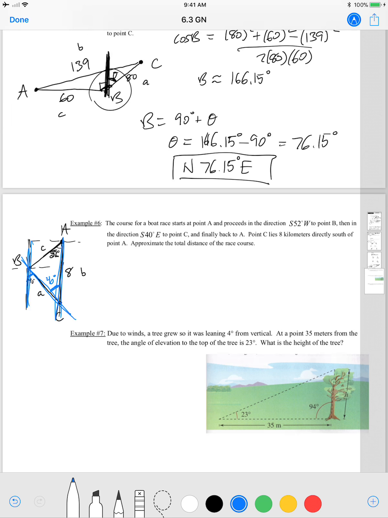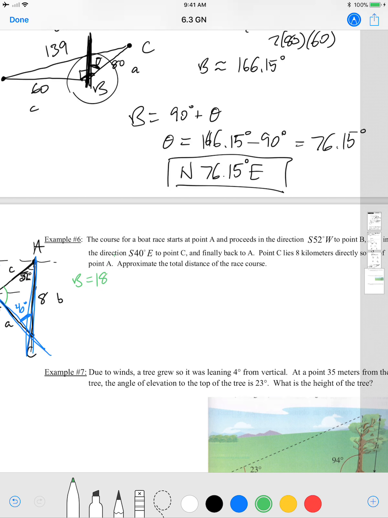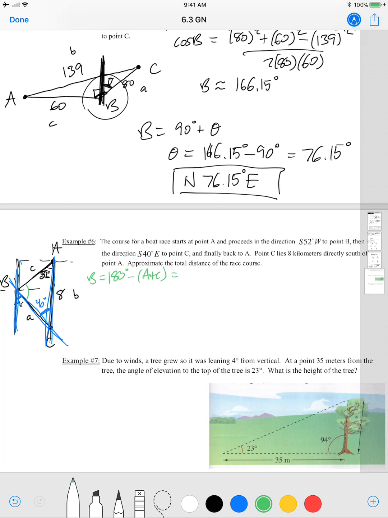Angle A is 52 degrees. That means angle B is going to be 180 minus A plus C, or 180 minus 92 degrees, 88 degrees. So now that I know the angles, I can figure out the other two side lengths.